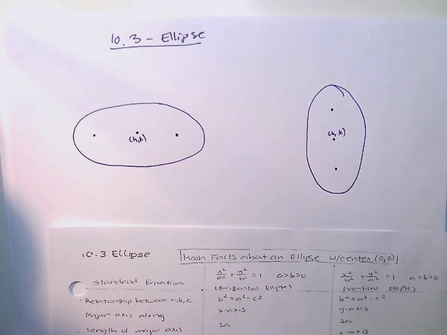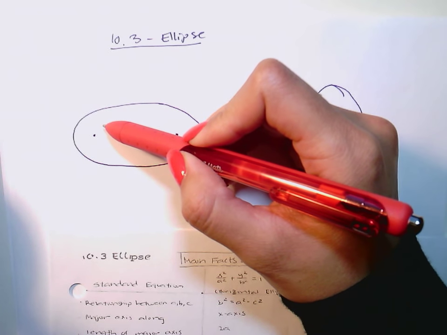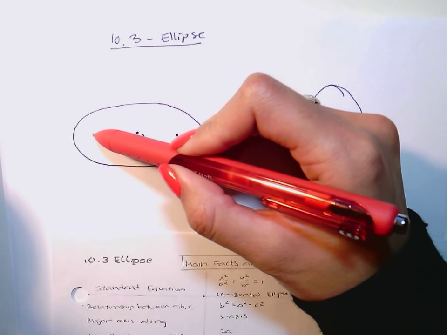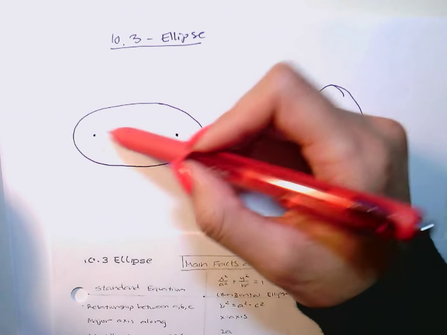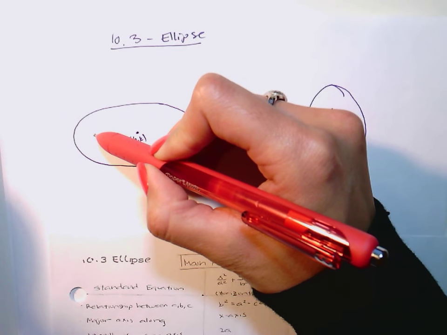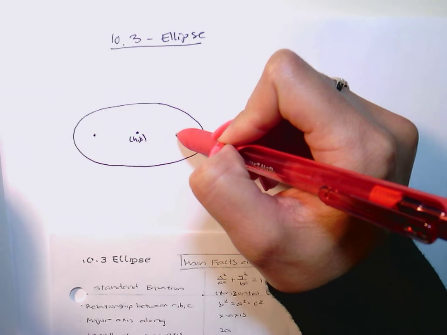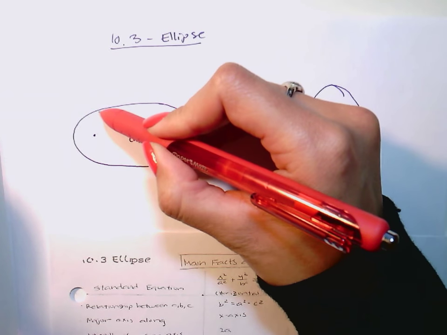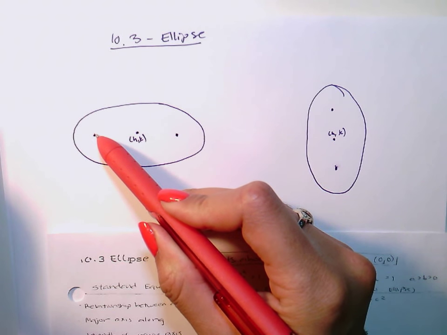So following that definition, an ellipse is a collection of all points in the plane, the sum of whose distances from two fixed points, these two, called the foci, are constant. For example, if I draw a line from here to this point on the ellipse and all the way down here, the sum of these two lengths would be equal to the sum of any other two lengths that I would draw.